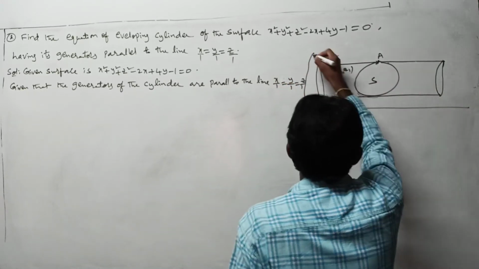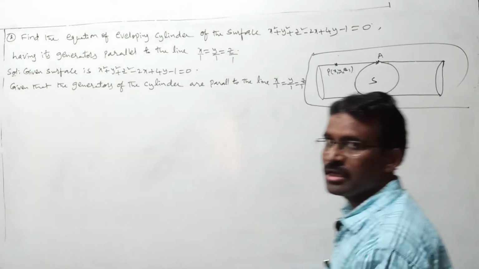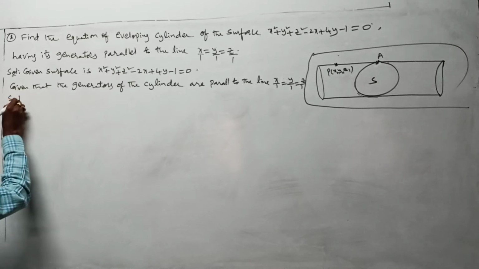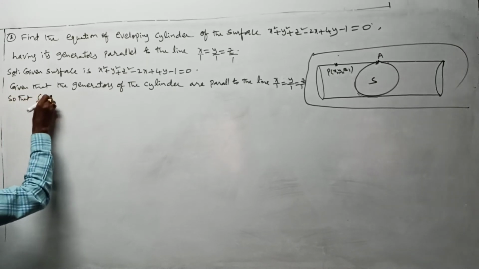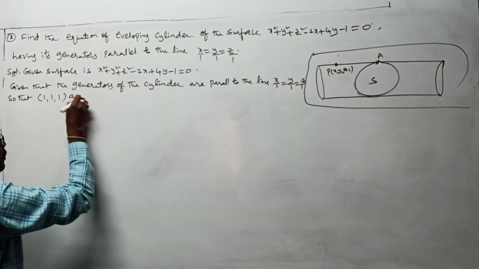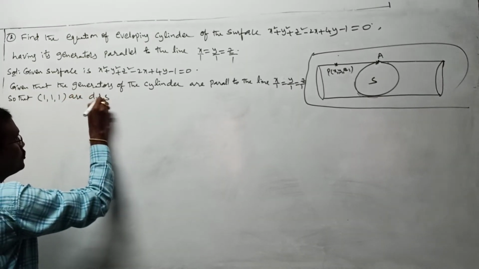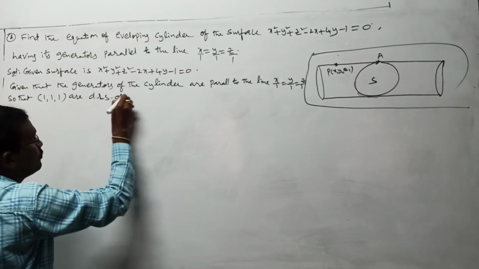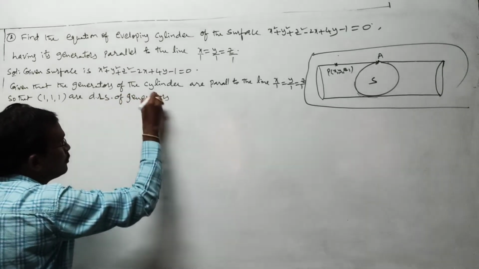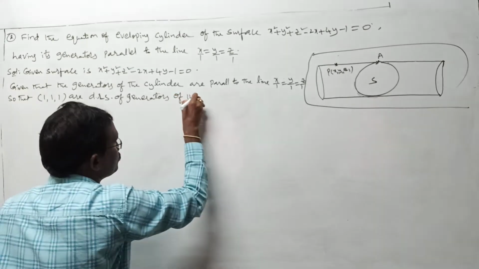So 1, 1, 1 are direction ratios of generators of this cylinder.